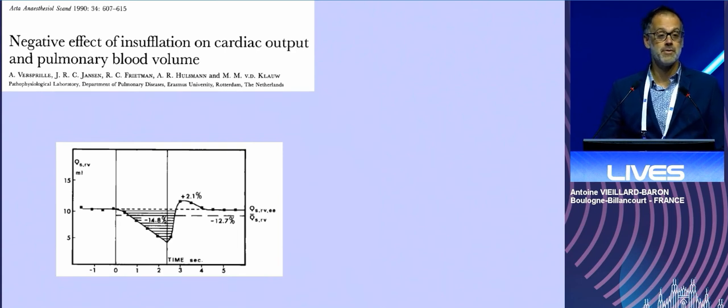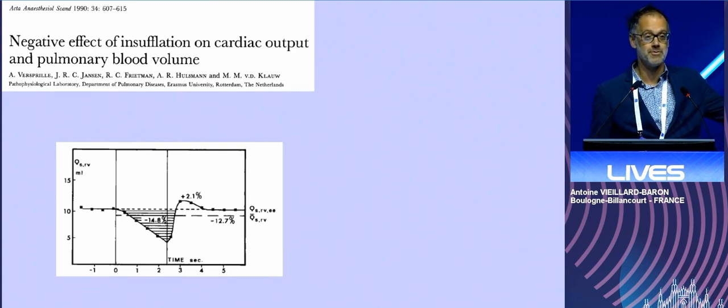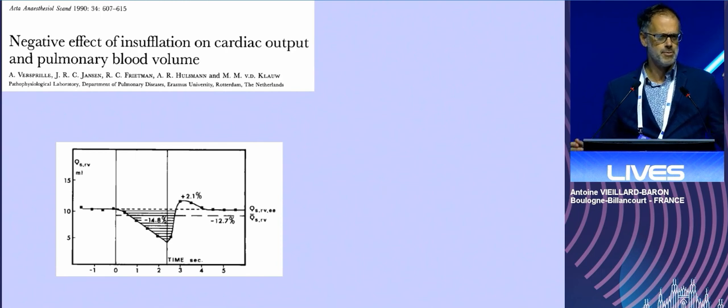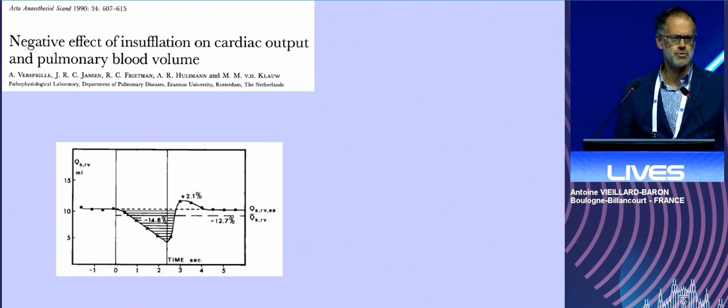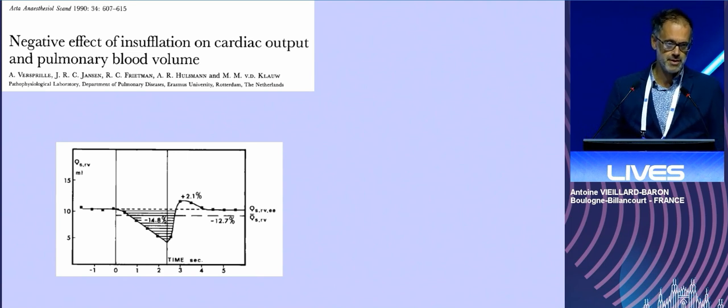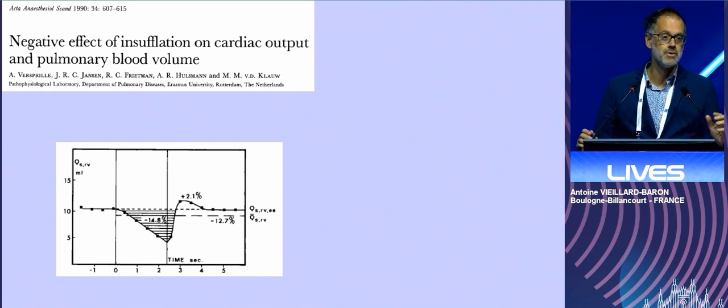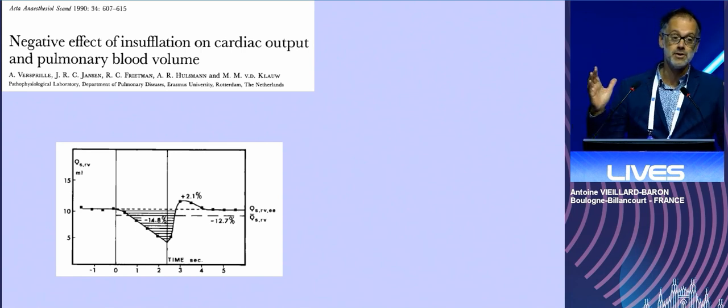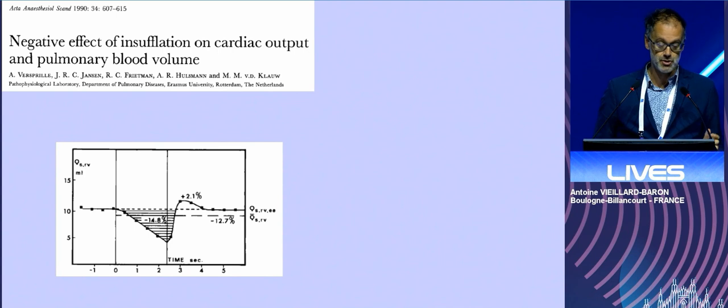Michael, thank you for reminding us of the paper published in 2011, I do not remember exactly. You showed us the relationship between the tidal volume and the difference between the ejection of the right ventricle and the left ventricle. This is exactly the loss of blood in the pulmonary circulation, and it was reported here in animals.